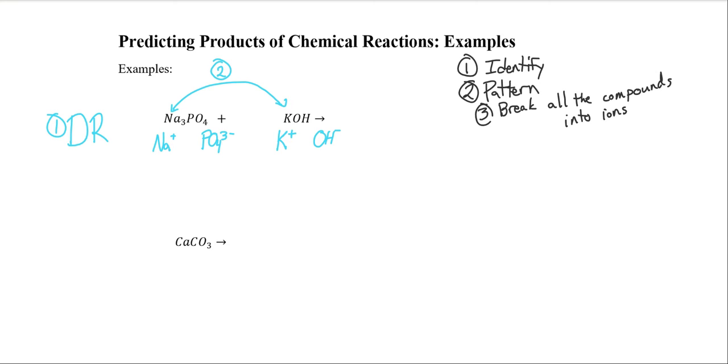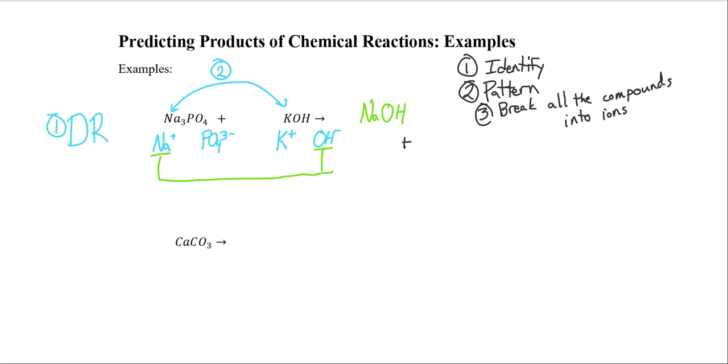Now they're going to swap partners, which means Na plus is going to bond with the OH minus. When these combine, I just have to bond Na plus and OH minus. There's one plus and one minus. Those things are going to bond, just making NaOH.